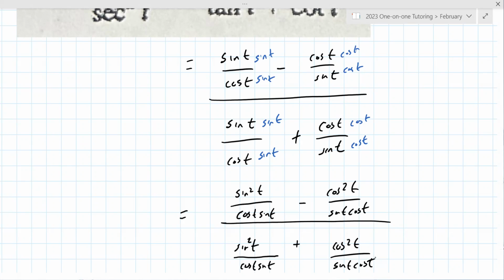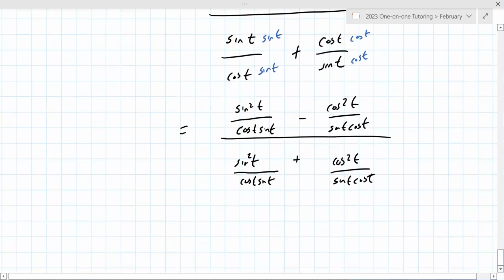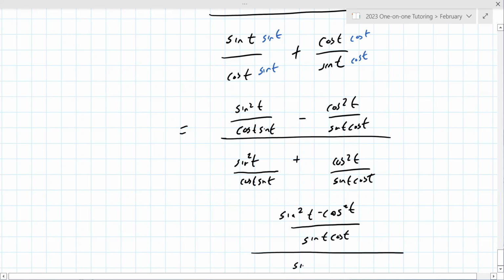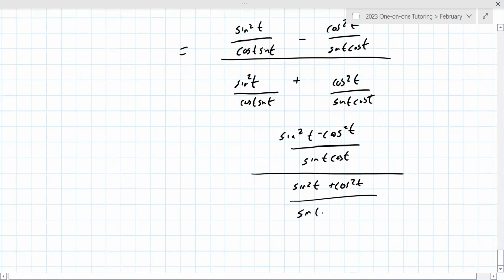Can you combine them? Combine the numerators in both. So it's sine squared t minus cosine squared t over sine t cosine t. That's the top, all over sine squared t plus cosine squared t over sine t cosine t.